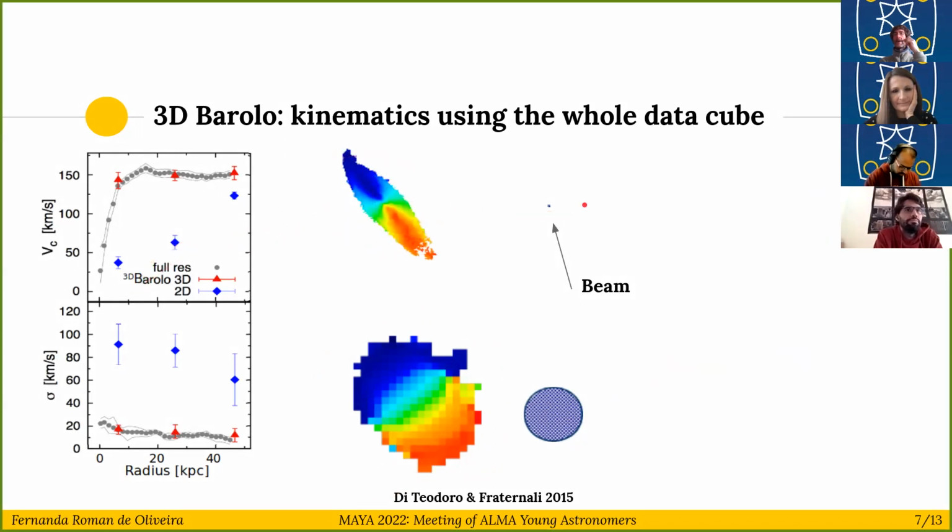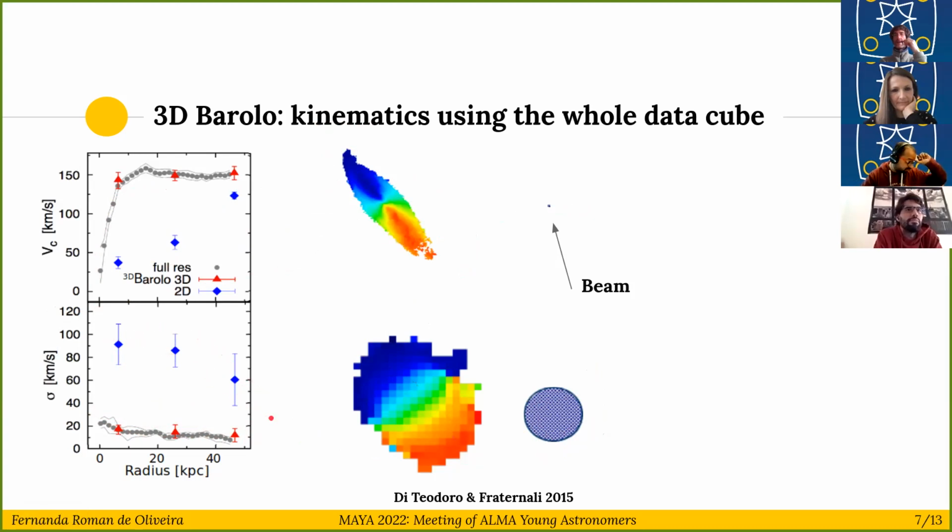For example, here is the same galaxy that we looked at before. In this data, with this beam that's just a tiny point, we have a rotation curve with these gray points, very detailed. But if we wanted to observe the same galaxy with a lower angular resolution, with this beam that's comparable to the size of the galaxy, we can only have 3 independent resolution elements. And if we do this on the velocity field, we actually get these blue points. This is the 2D measurement.